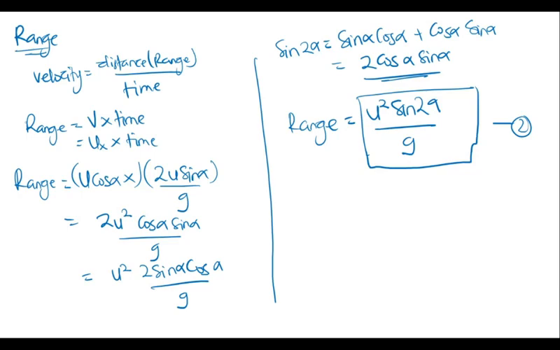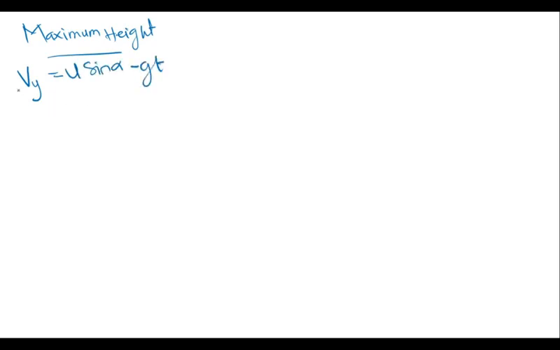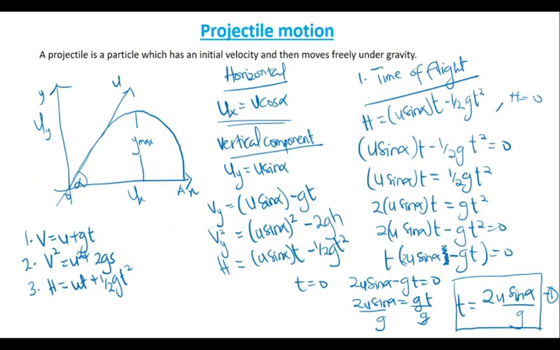So let's look at how we get our maximum height. For our maximum height, we are going to use the formula V is equal to u sine alpha minus gt. Now at the maximum height, let's look at the diagram again.